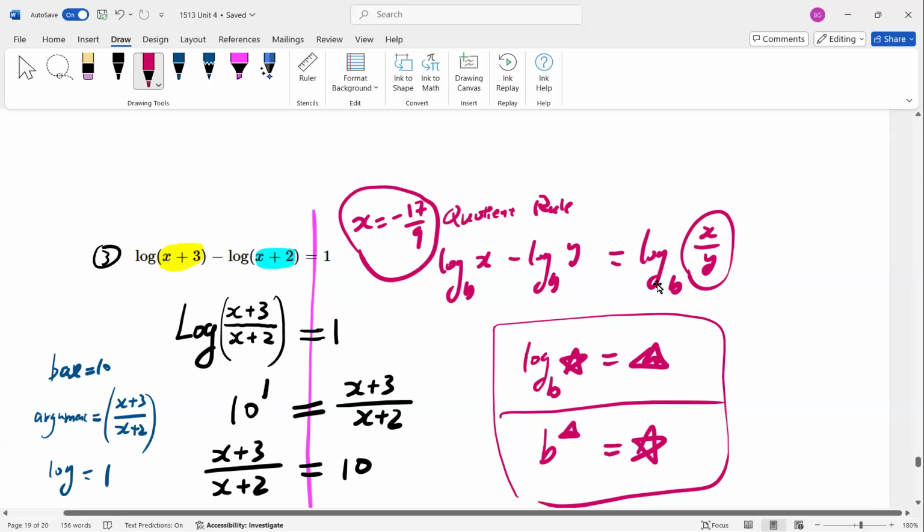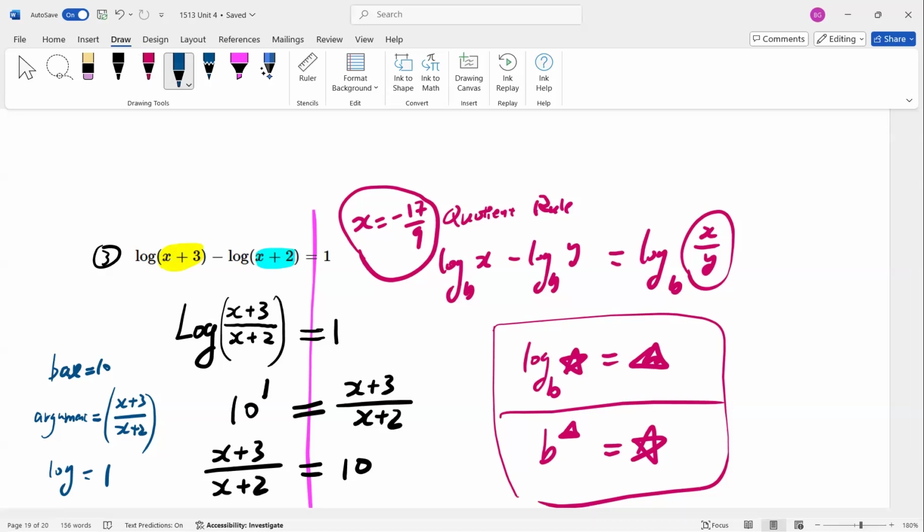So if we plug in, the yellow, I'm doing the blue color. So the yellow is x plus 3, right? If we plug in x equals -17/9 plus 3, we can write 3 as 27/9, because 27 divided by 9 is 3. And as you can see, the result is 10/9, right?